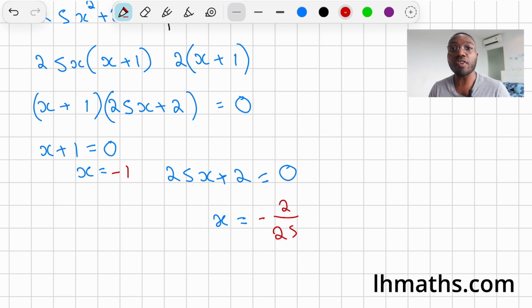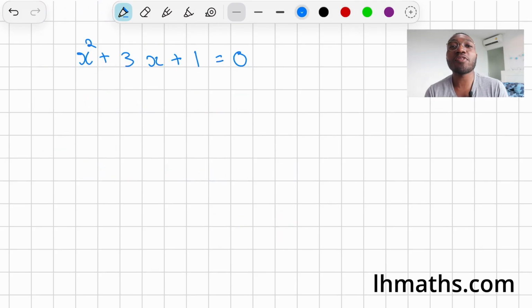So if we have an equation like this, x squared plus 3x plus 1 is equal to 0, and we try to use our normal method of thinking of two numbers which sum to make 3 in this instance and multiply to make 1, there isn't any. So how do you solve it? Well, we can always go back to the quadratic formula.